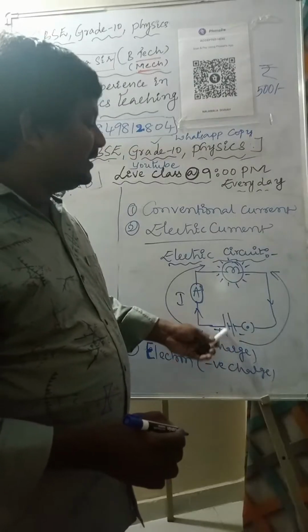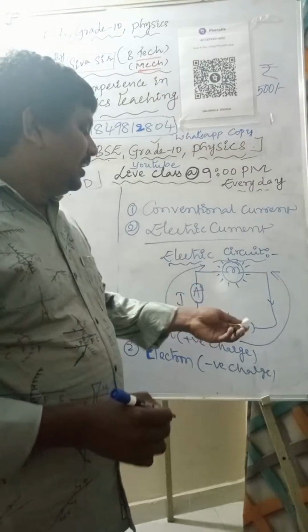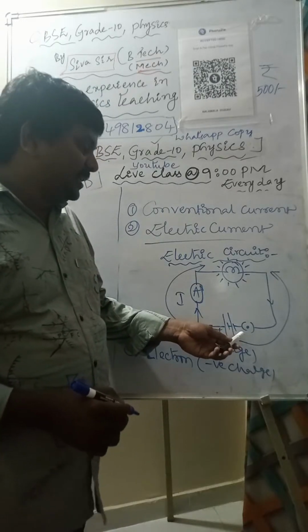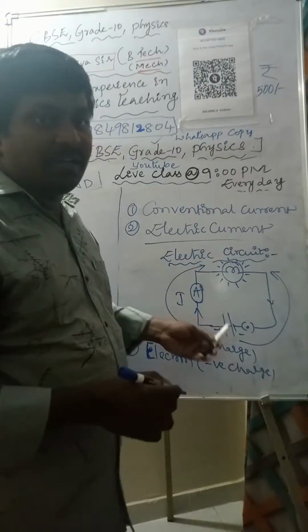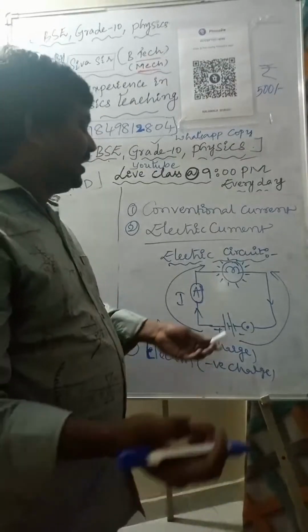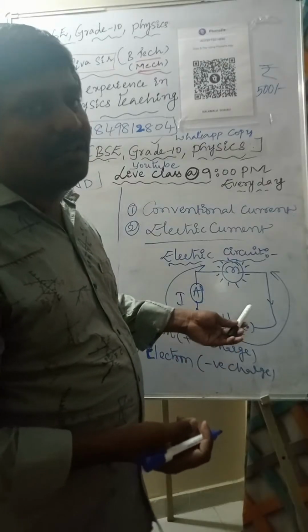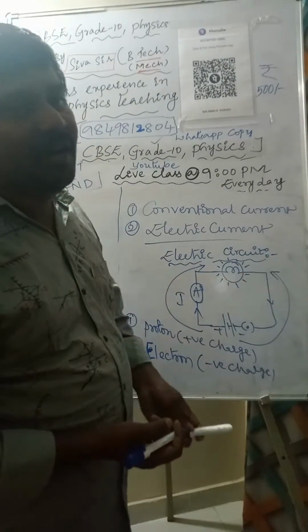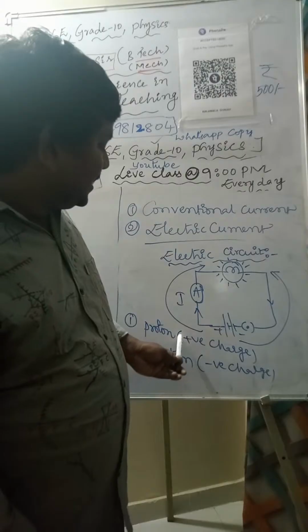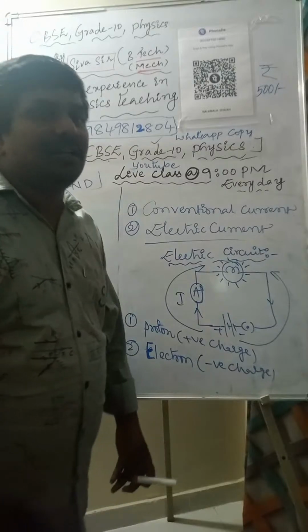The positive terminal of the cell has high potential, and the negative terminal has low potential. Very important from an MCQ point of view, this question can definitely be expected: positive charges move from high potential to low potential, whereas negative charges move from low potential to high potential. An electron moves from low potential to high potential.